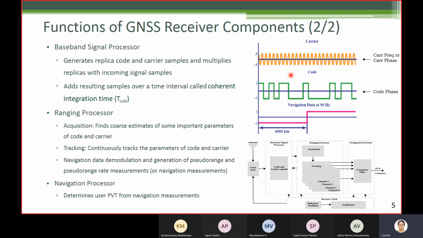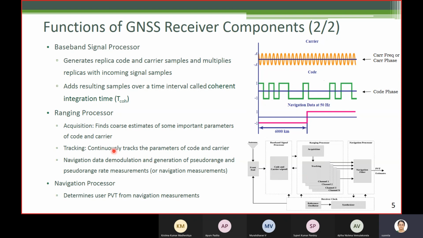Now, when the acquisition is done successfully, we say that the signal or the satellite has been acquired, and also the replica that the baseband signal processor generates is aligned with the incoming code within a chip. But this is not sufficient, and a one-time process is not enough. So this has to be done continuously, and that is done by the tracking block.